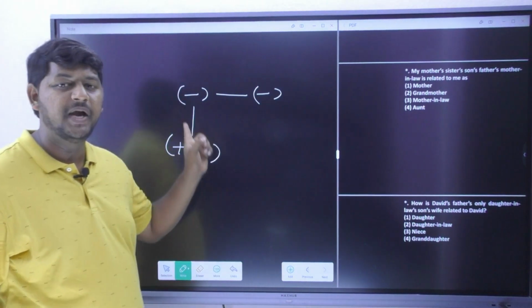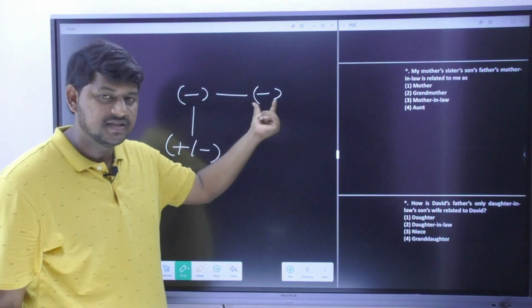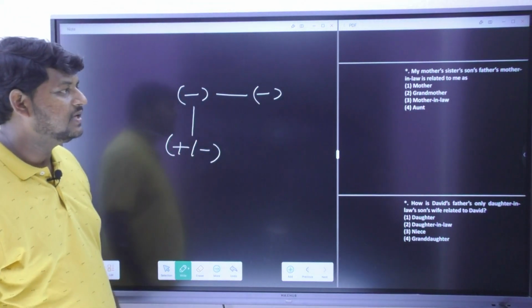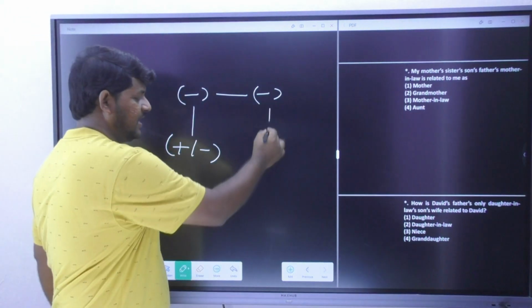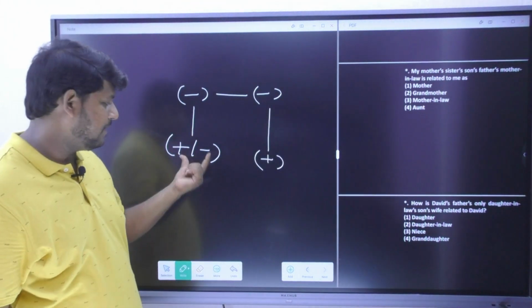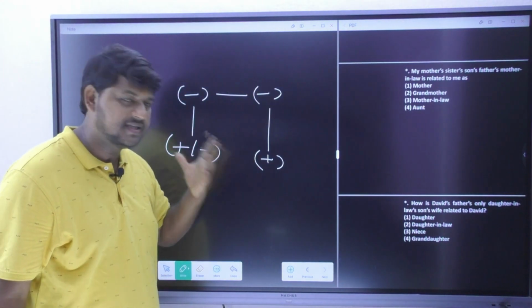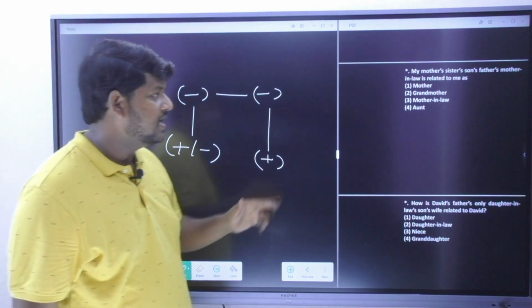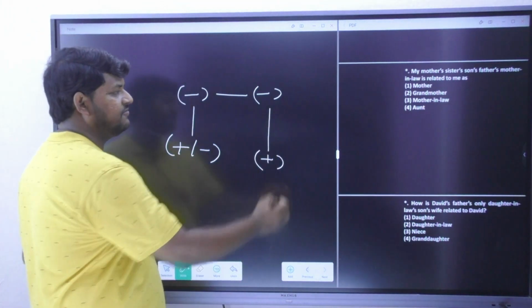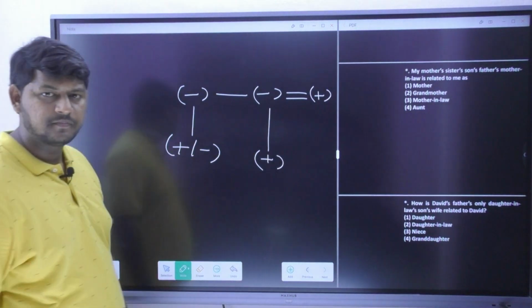Which aunt? Maternal aunt. My mother's sister. Okay, my mother's sister's son is definitely my cousin. Correct? My mother's sister's son is my cousin. Son's father is nothing but my uncle.